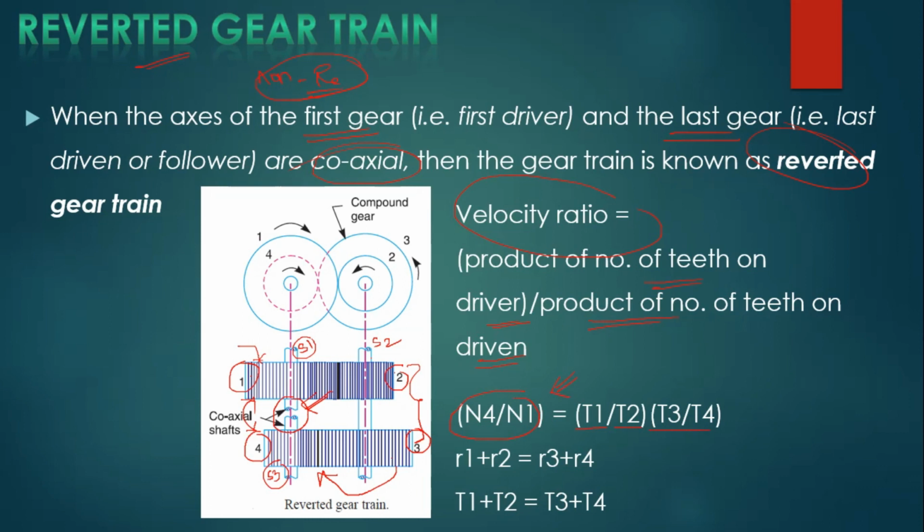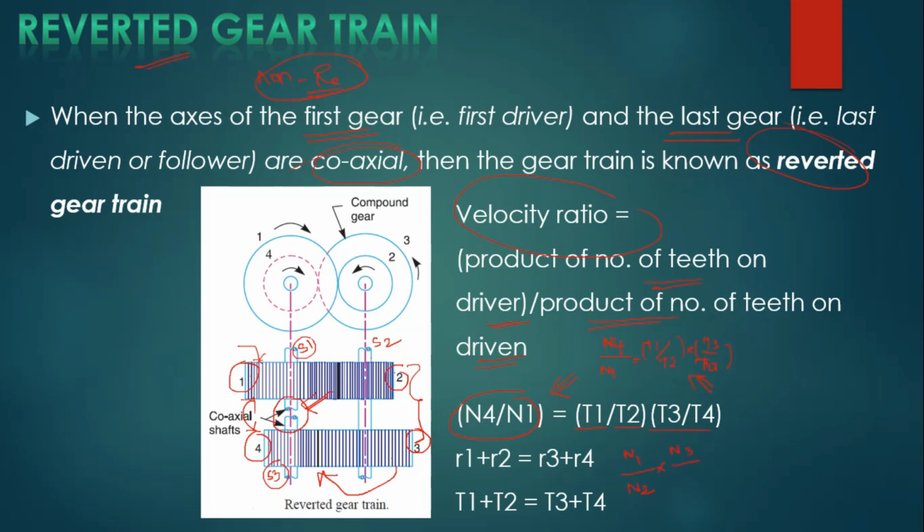How did we get this equation? N4 divided by N1 equals T1 by T2 into T3 by T4. Now, N1 is meshed with N2, and N2 and N3 are the same.